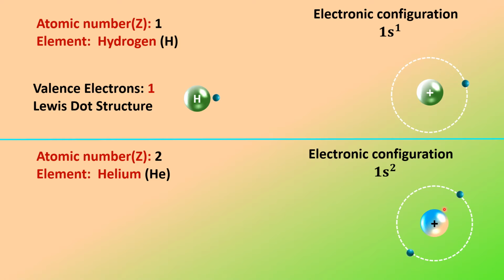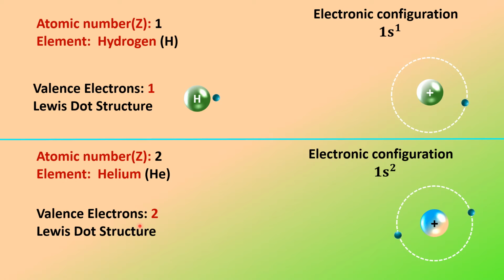These are the 2 electrons revolving around the nucleus. We'll take these 2 electrons and write the dot structure. These electrons are called valence electrons. Valence electrons is equal to 2. This is the helium nucleus and these are the 2 valence electrons.